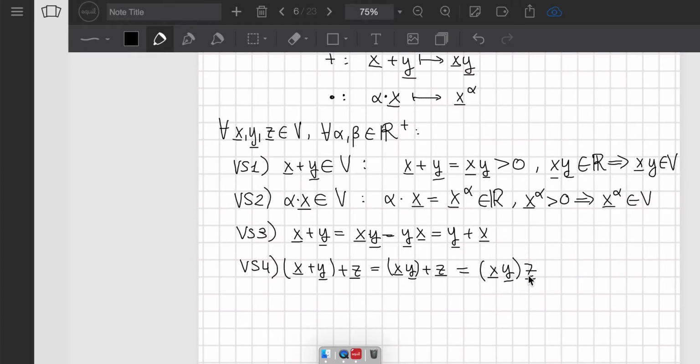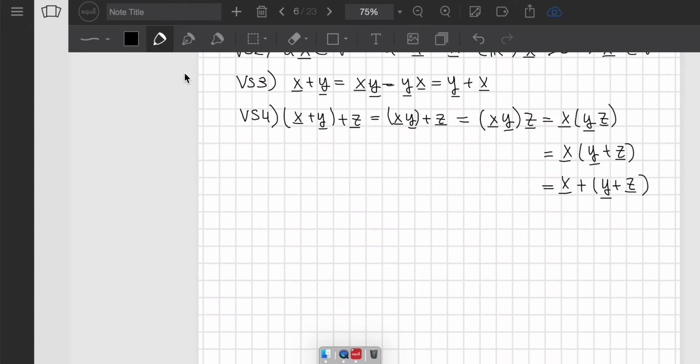Using the associativity of multiplication in the real numbers, this is equal to x times the quantity y times z, and this is equal to x times y plus z, right? We used here the addition, and again we'll use the addition again and write this as x plus y plus z, and there we go. We have just proven the associativity.